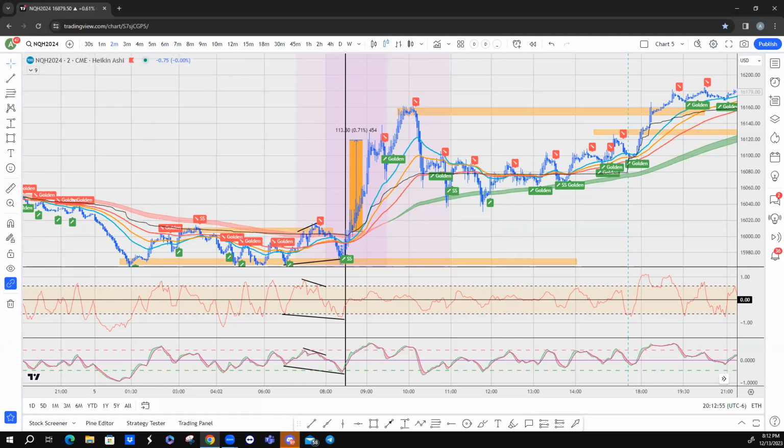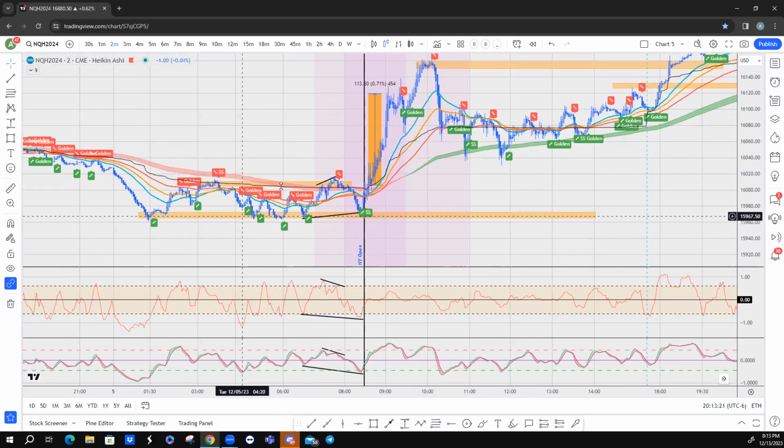Nikki's asking, do you always use a 2-minute time frame? I don't always use a 2-minute time frame. Sometimes I go to 1 minute, sometimes 4 or 5 minutes. It just depends on how the setup is looking. If I'm seeing something not looking right, I'll drop down to a lower time frame, like 1 minute, just to see what some of these signals might tell me, or I want to see how the EMAs look on a higher time frame.